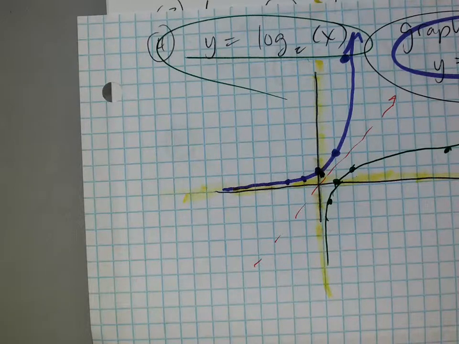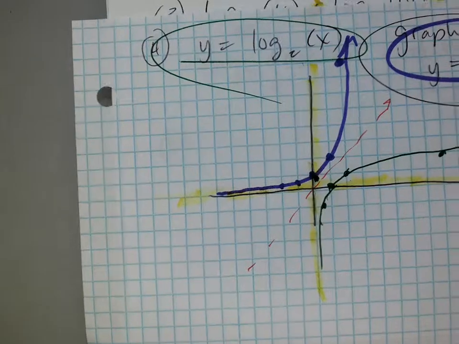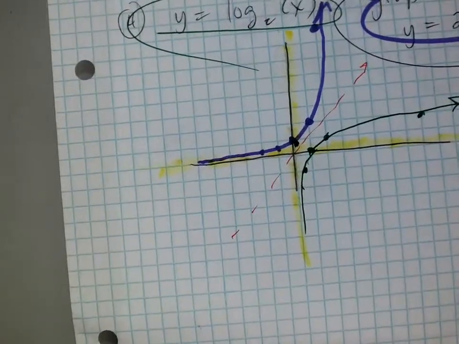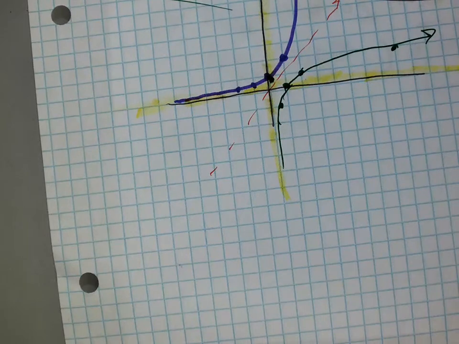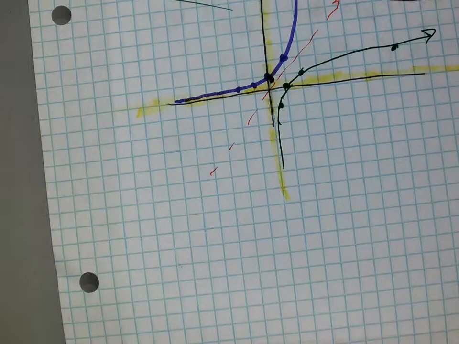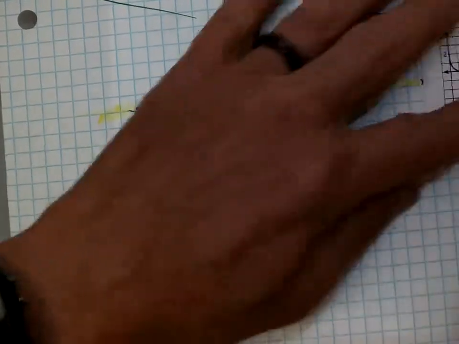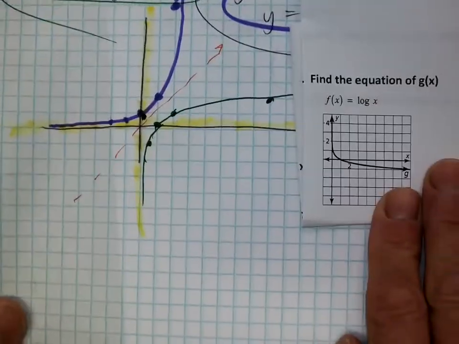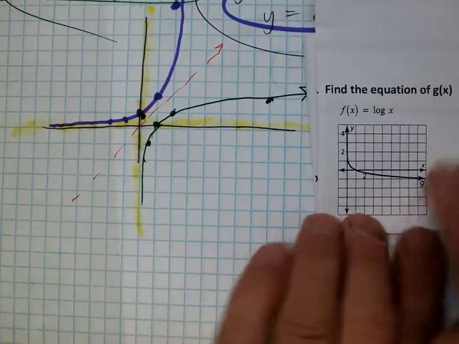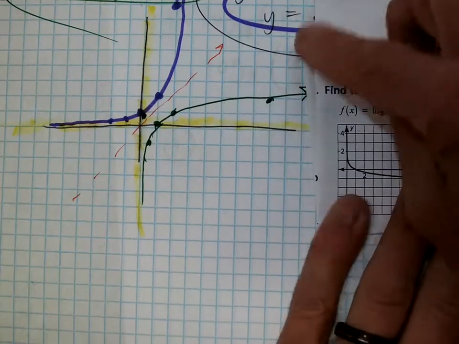All right. Number 5. The graph g of x is translated. Okay, so this is going to be helpful because if you take a look at 5, what we just did, I want you to look at these carefully. This green's a log graph, right?